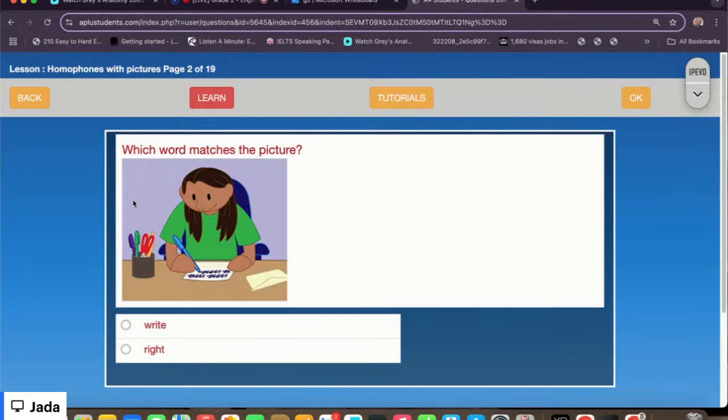So we have, which one is the correct one? First or second?